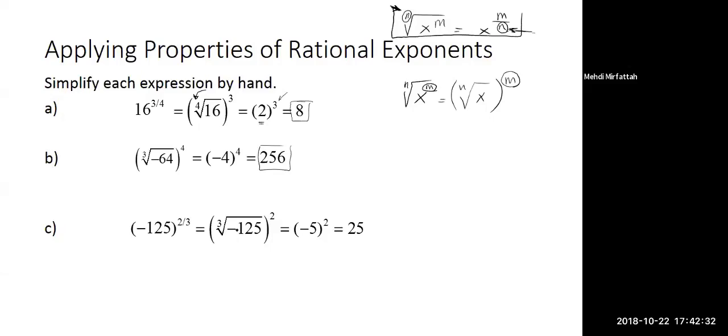We're looking for a number multiplied by itself 3 times to give you minus 125, and that is negative 5. Negative 5 times negative 5 times negative 5 is minus 125. And then I'm going to raise it to the power of 2 again, plus 25. So all these examples here are purposely selected to be a cube of something or square of something, so you can see how that gets simplified.